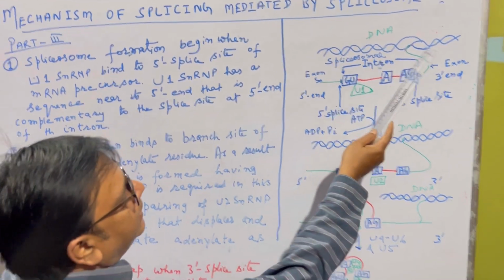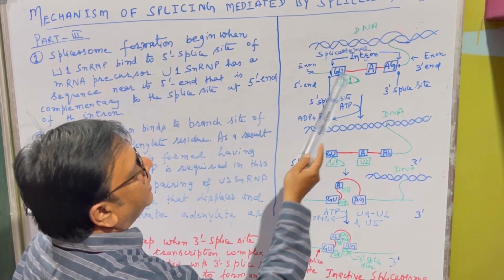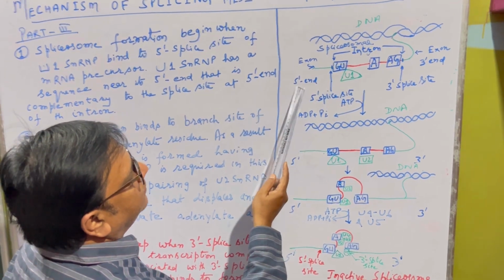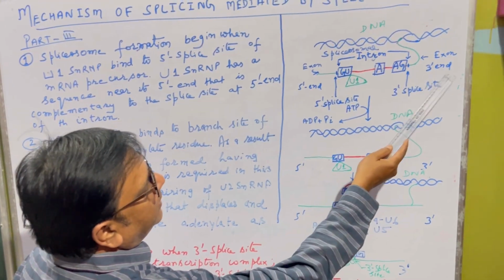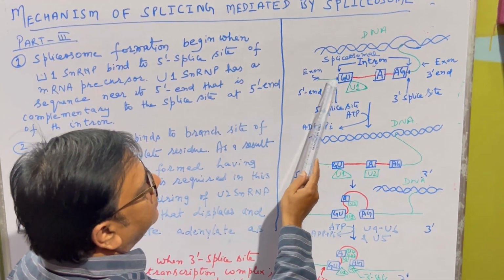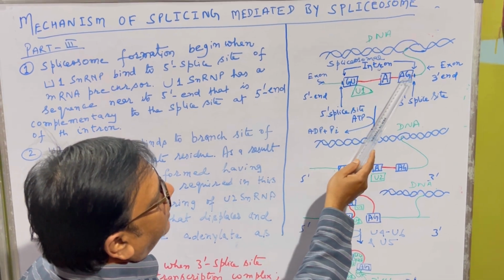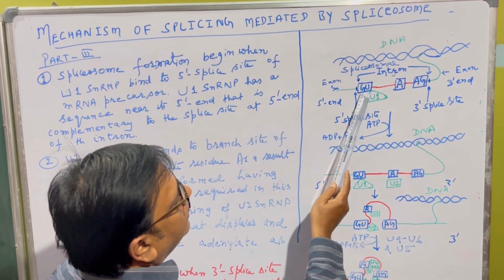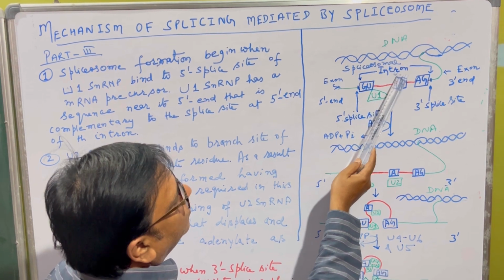You can see DNA, and now the mRNA is being synthesized. This is the 5' end, this is the 3' end. The green parts are exon and the red part is intron, a spliceosomal intron.